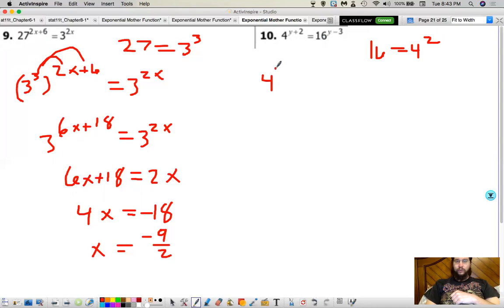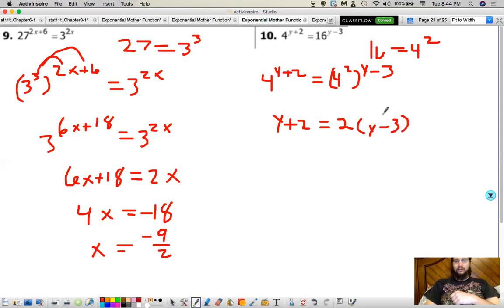So I'm going to leave that 4 on the left side alone. Let's just write it out. 4 squared to the y minus 3. Distribute that 2. So, in fact, if you want to, you can just write it like this. That's literally what we're doing. We're distributing here. So let's distribute it.